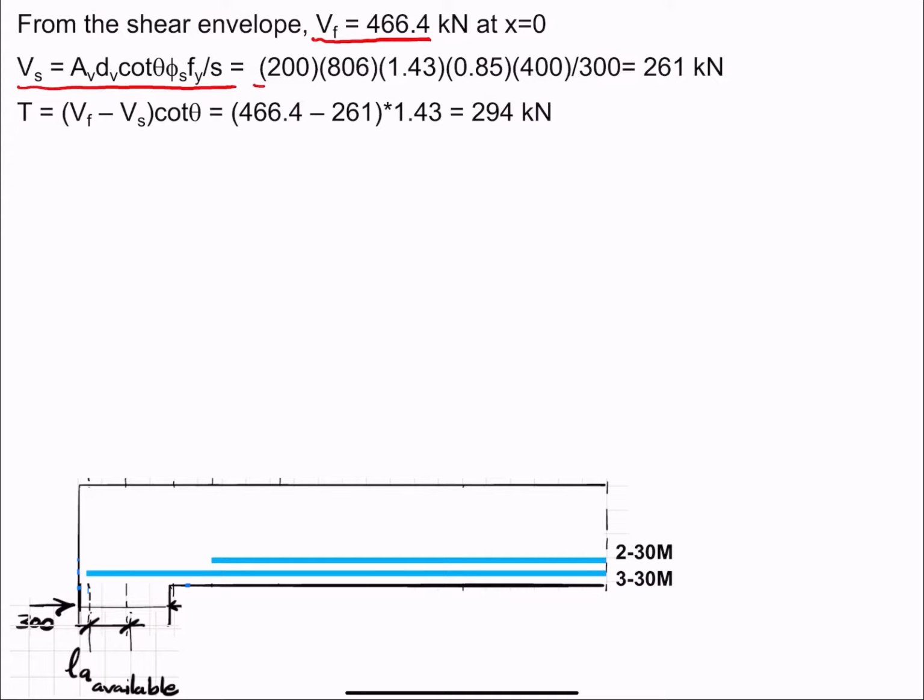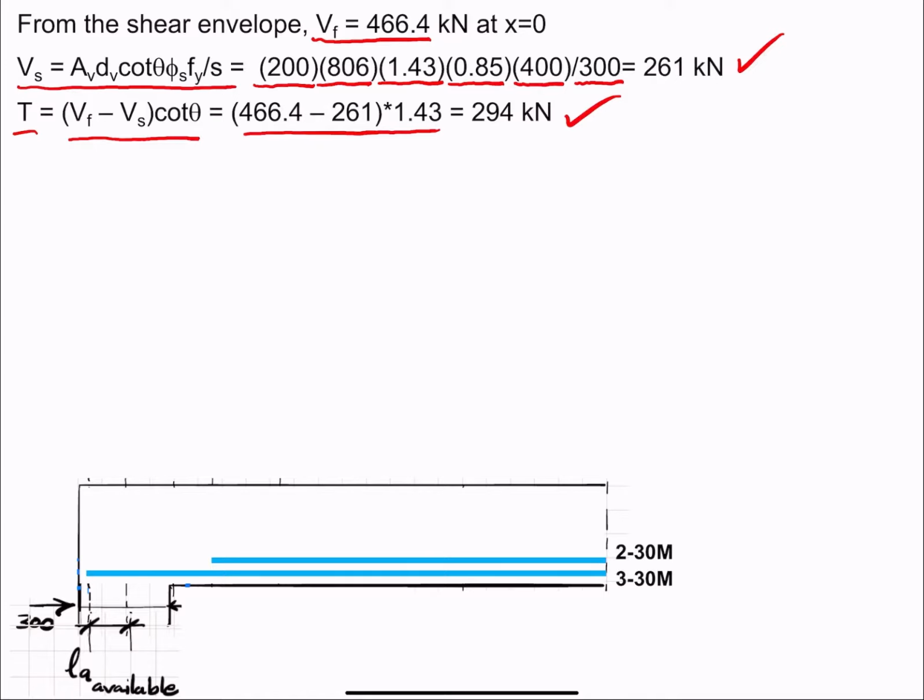So 200, this is the two legs of 10M stirrup, dv is 806, we got it from before, cotangent of theta 1.43, phi s 0.85, Fy 400 megapascals divided by spacing of stirrups, assumed in this case as 300, we get 261 kilonewtons. T due to shear, tension force due to shear, Vf minus Vs times cotangent of theta, 466.4 minus 260 times 1.43 gives me 294 kilonewtons.